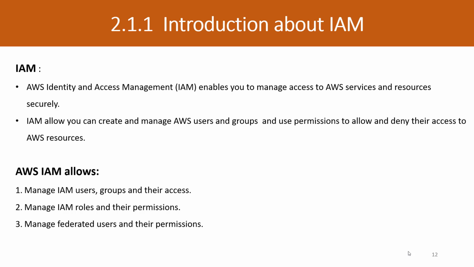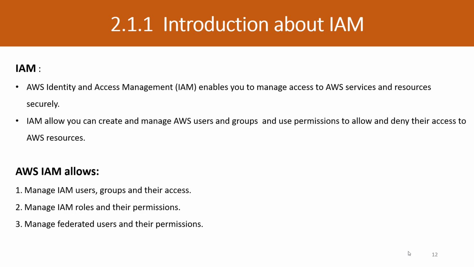Federated users are users where an organization has external identity providers, like an on-prem Active Directory, so they can use the same identity and credentials to access AWS resources. So these are the basic functionalities provided by AWS IAM.